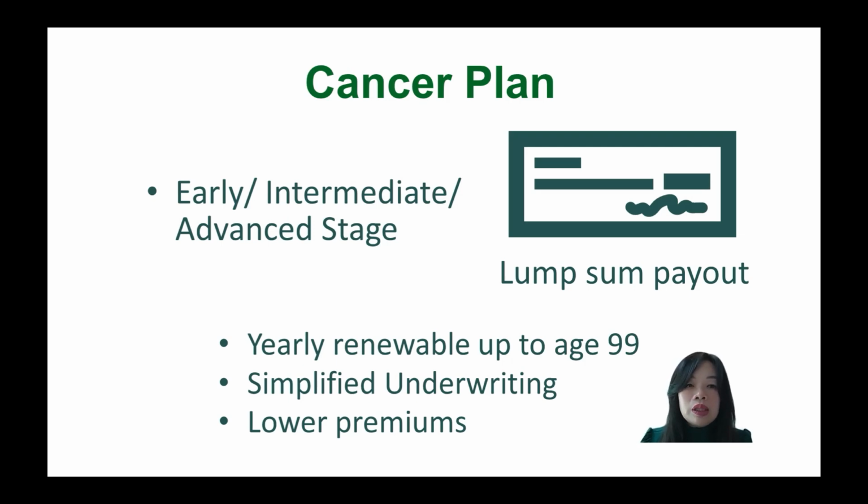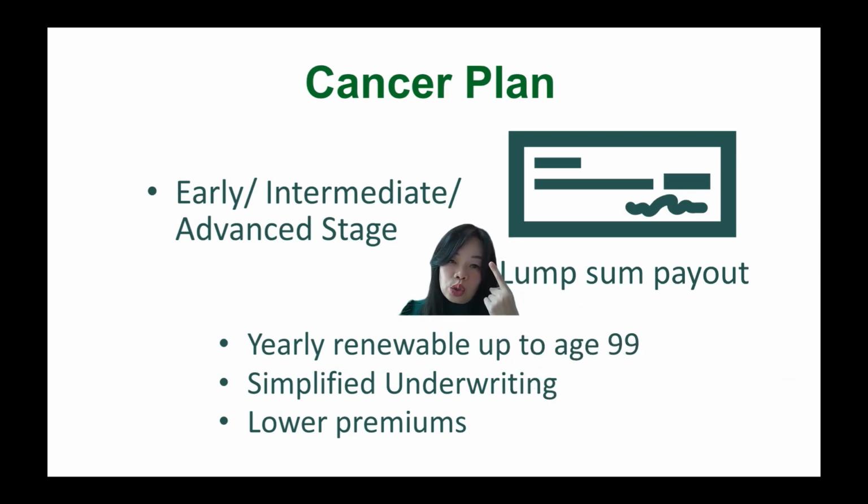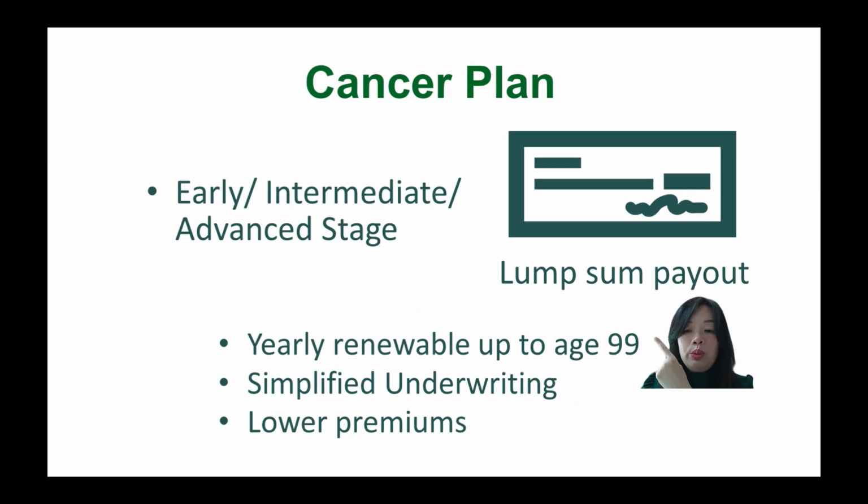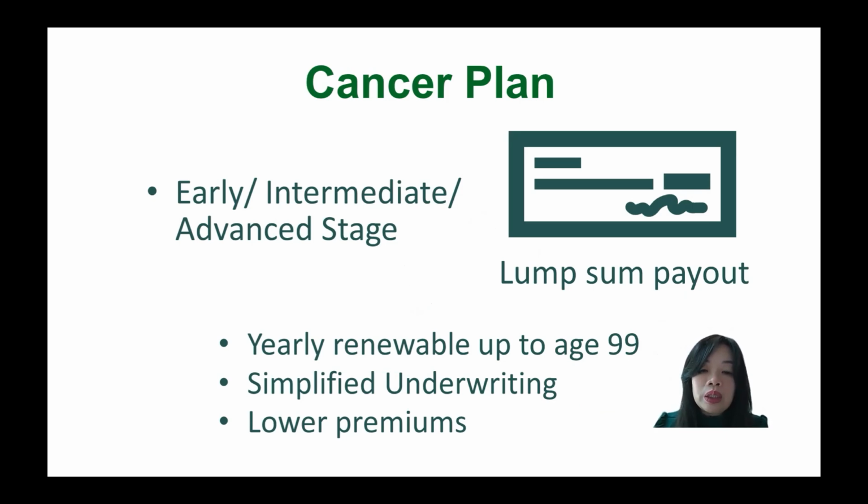How these plans pay out is that in the event early stage, intermediate stage or advanced stage cancer were to occur, the insurance company will then pay a lump sum payout. Typically, these plans are yearly renewable up to 99, and there's usually simplified underwriting and much lower premiums compared to typical critical illness plans.